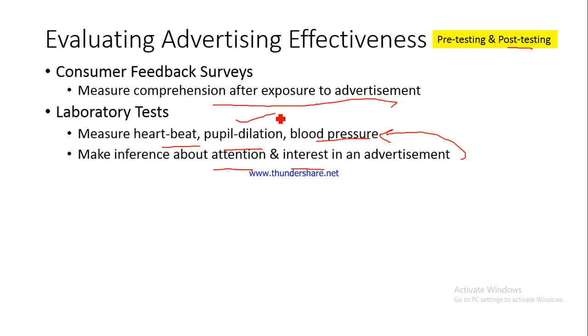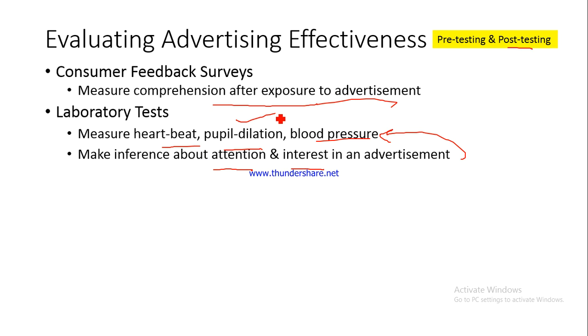So this will help me gauge whether somebody is finding my ads interesting, whether somebody is finding my ads striking, and whether he's actually paying attention to my ads or not, right? Generally I would not only be showing my ad, I would be showing him a bunch of ads, maybe 10-12 ads. One of my ads would be lined up among those ads, maybe at the 2nd position, or the 7th position, or maybe at the 9th or 10th position.